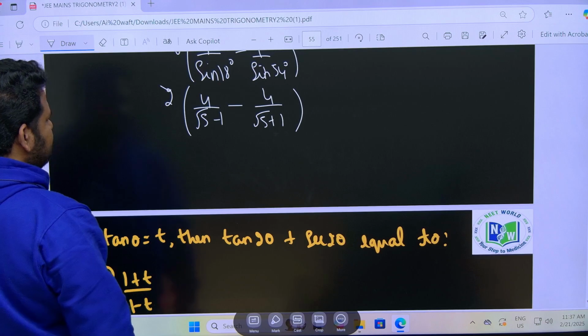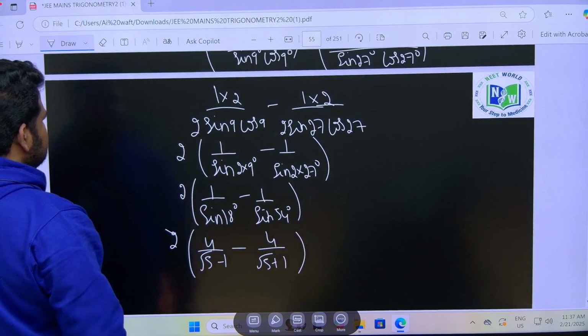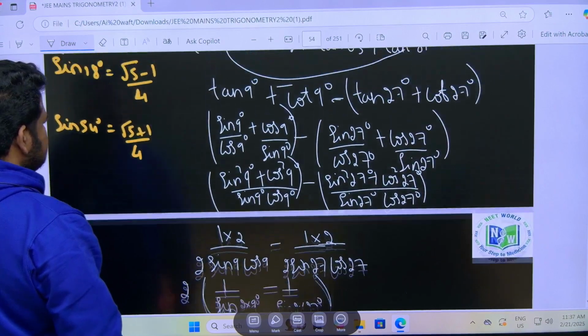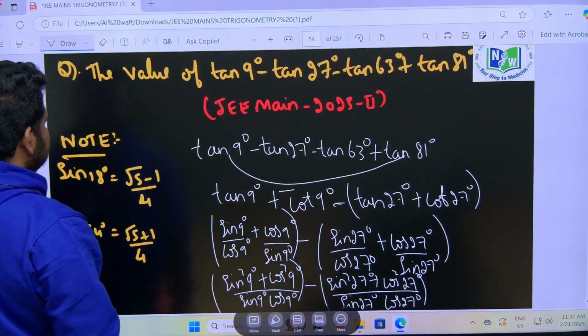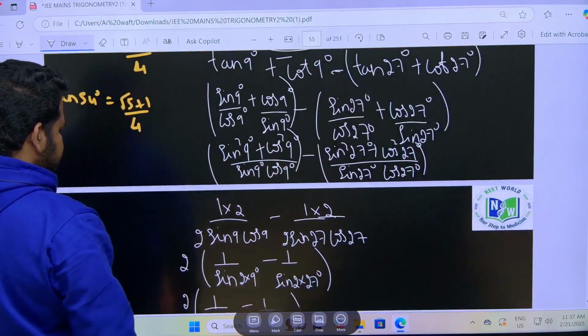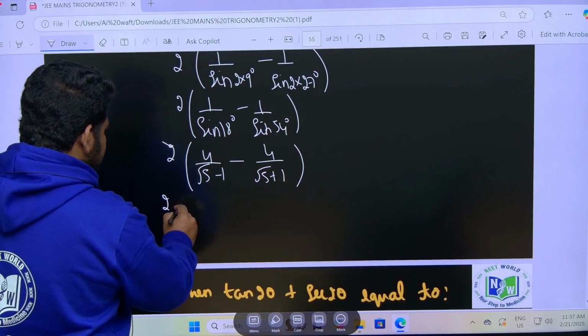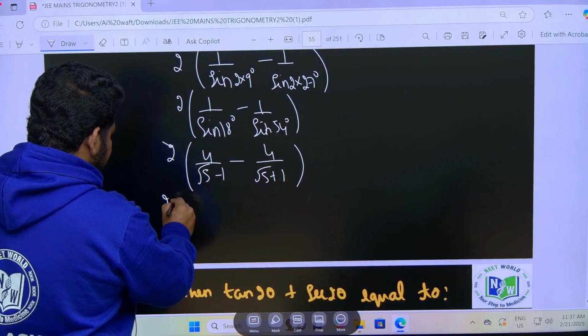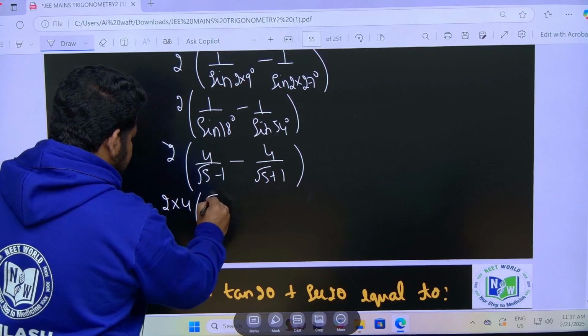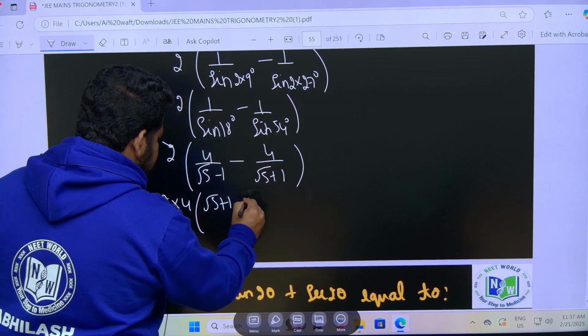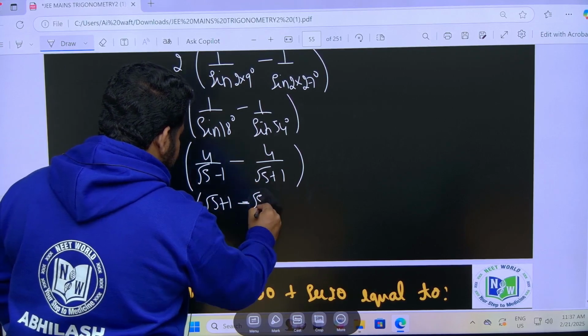Now if you take the LCM, what will happen? This will be 2 into, I will take the 4 outside. This will be root 5 plus 1, minus root 5 minus 1.